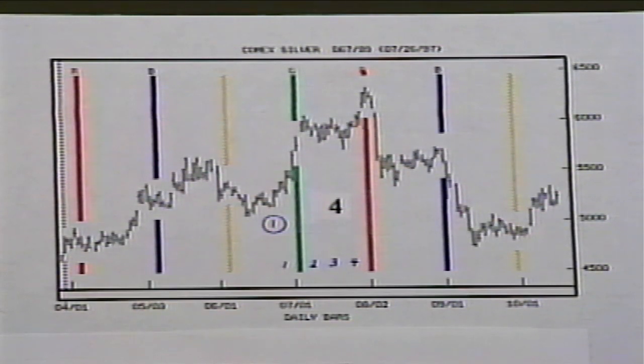Now you'll also notice that I have put numbers 2, 3, 4 on these charts along with point 1. The reason I did that is that if 1 comes before a colored line, most likely there are going to be 3 points between that particular line that is to the right of point 1 and the next colored line.